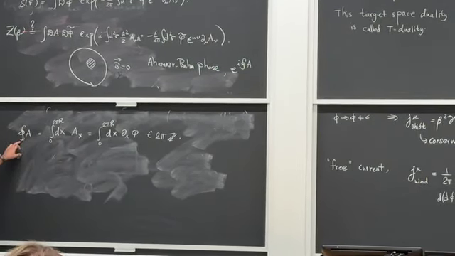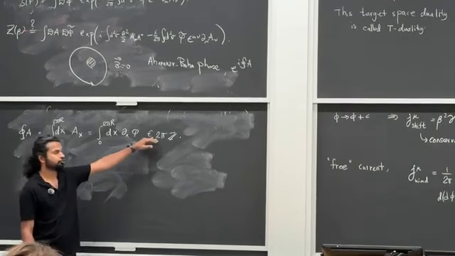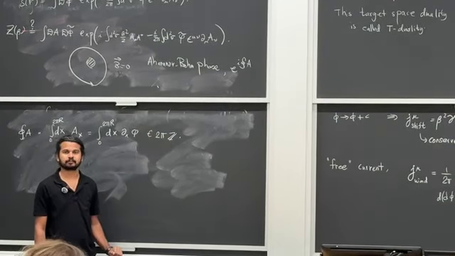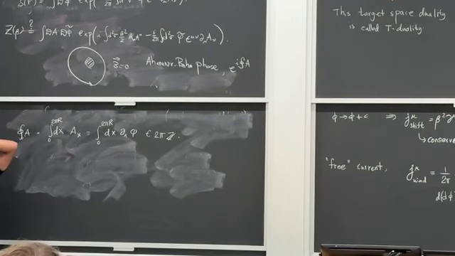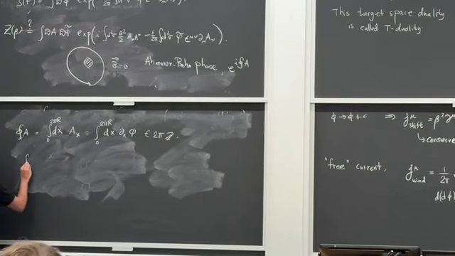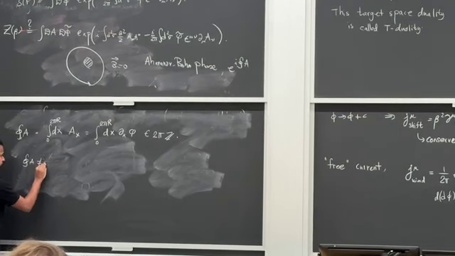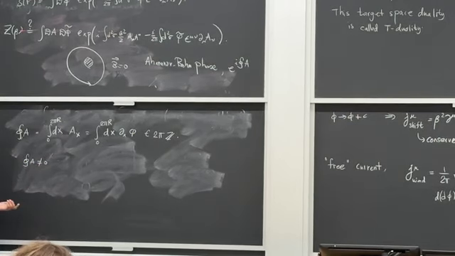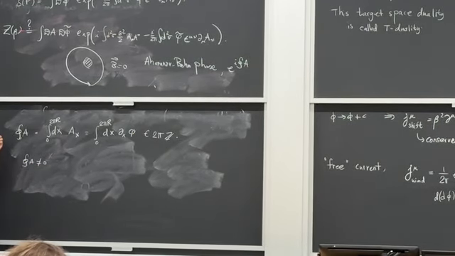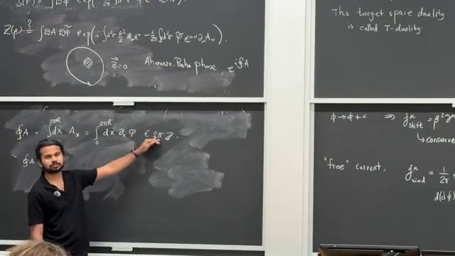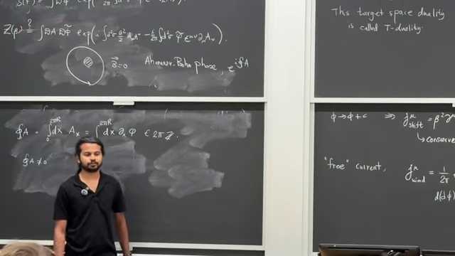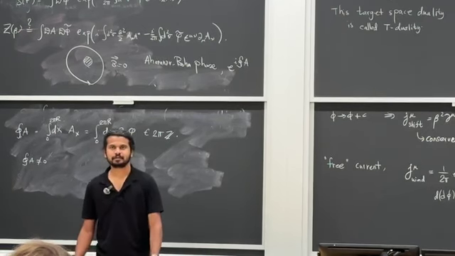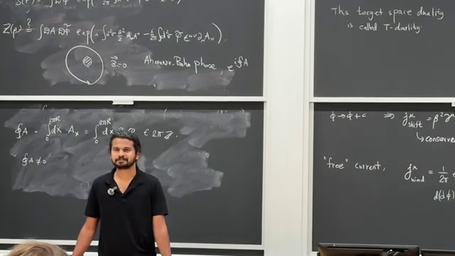We have to impose that this actually is 2 pi z. That has not been done there. How do we do that? Any guesses?